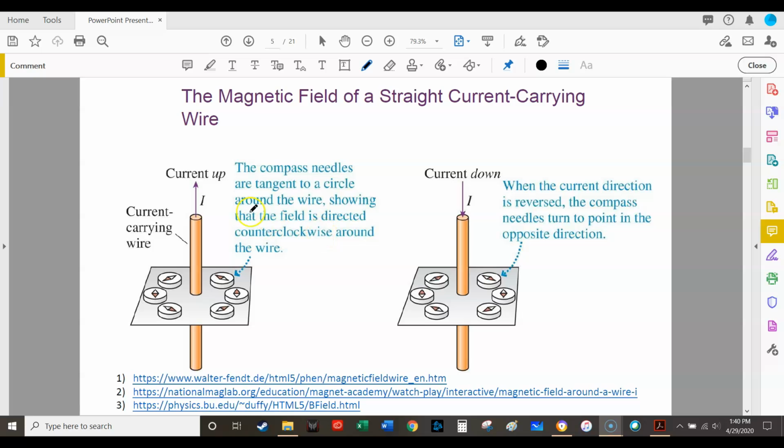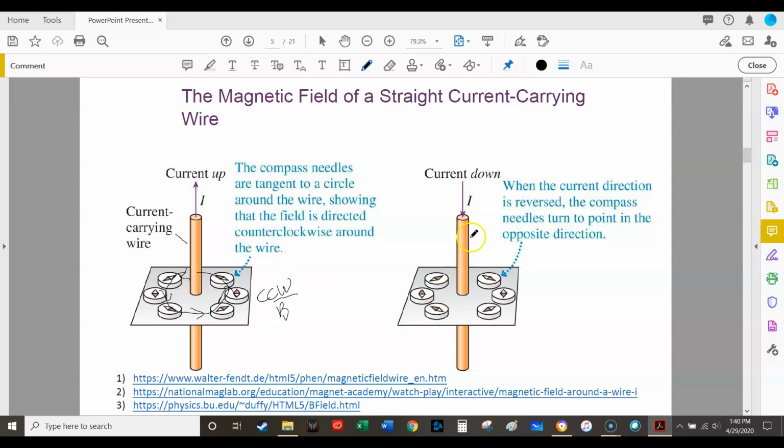So like I had talked about, if you have a current pointed straight up, notice that the magnetic field is going to be moving in a counterclockwise fashion, right? Correct? So this is a counterclockwise magnetic field.